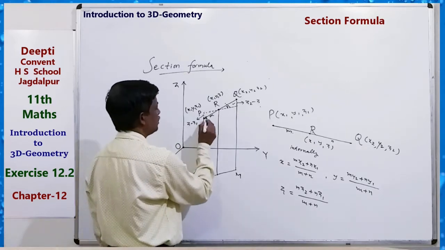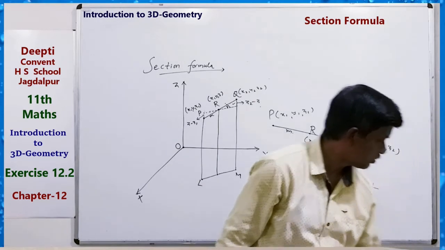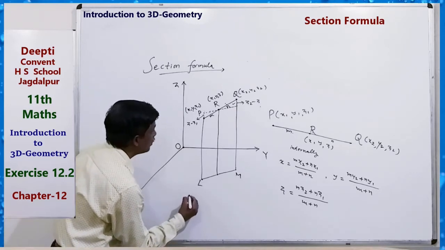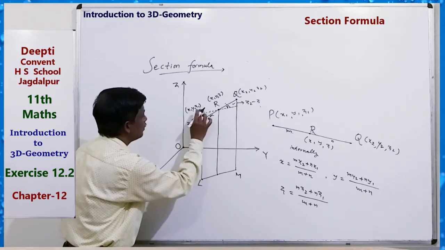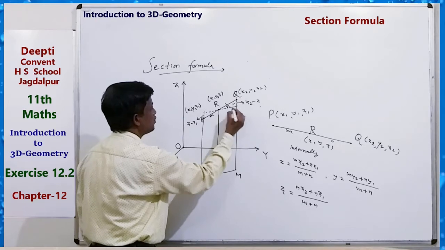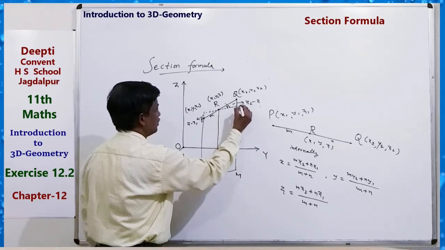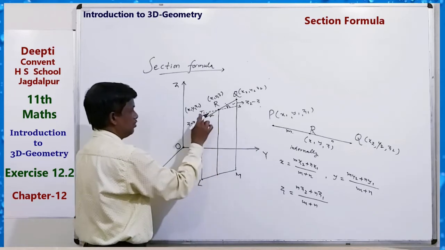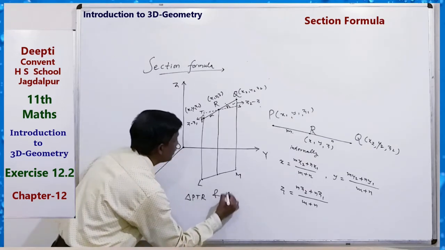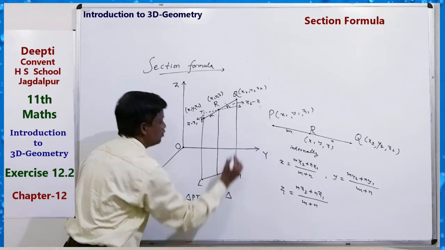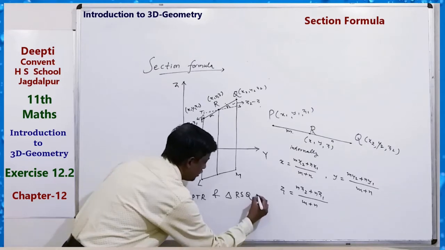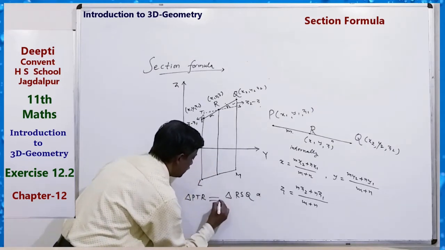Write P here, this is P, this is Q, suppose R, suppose S, and T. Triangle PTR and triangle RSQ are similar.